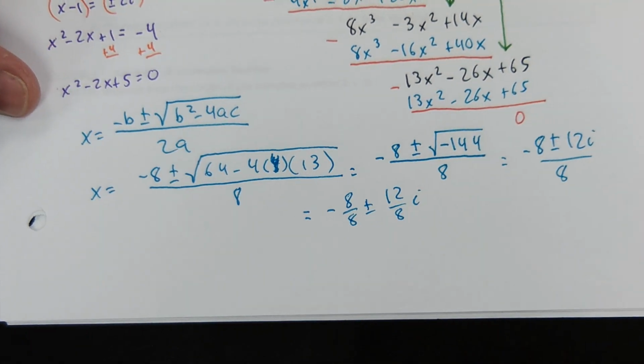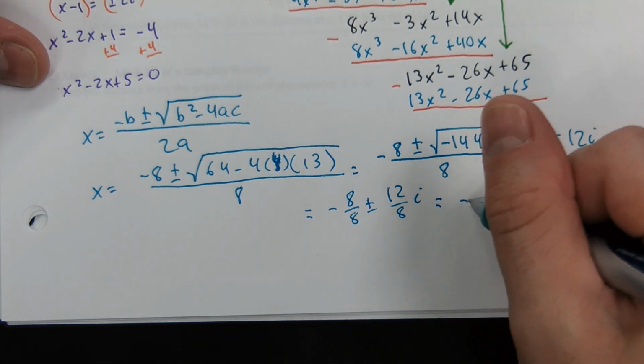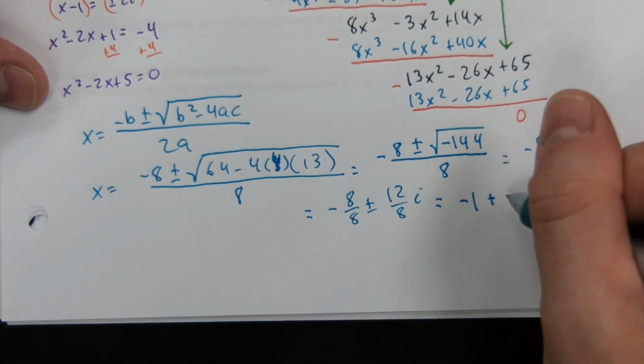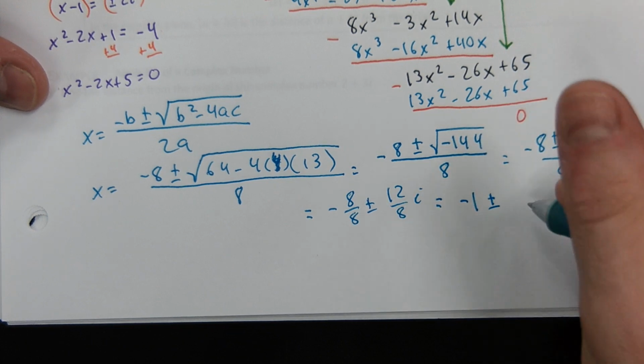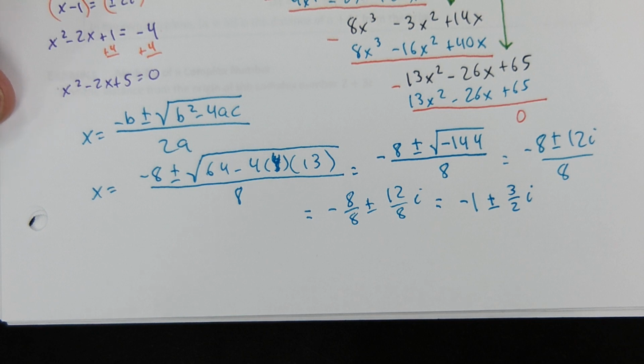Like that. And then you reduce. So what you get is negative 1 plus or minus 3 over 2i. Those are your 2 complex conjugate solutions. No, don't do 1.5, do 3 over 2.